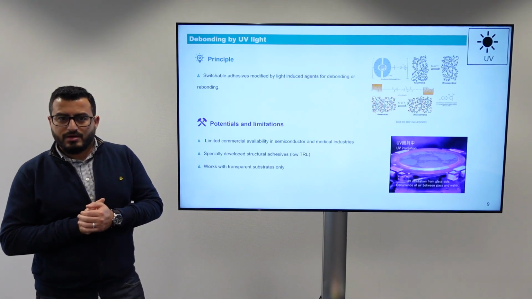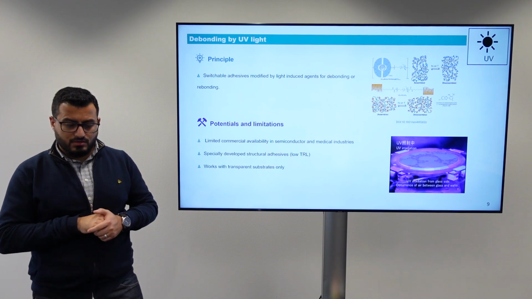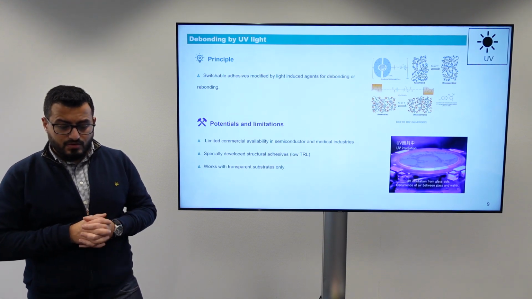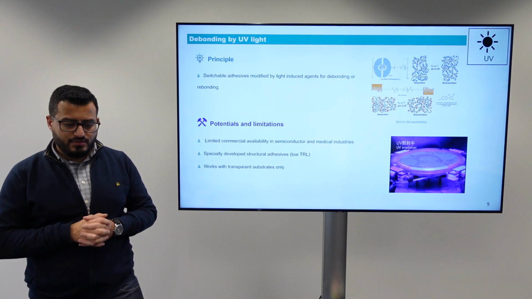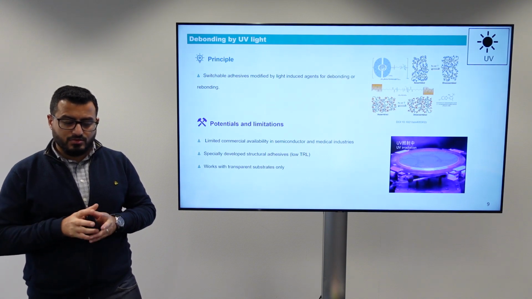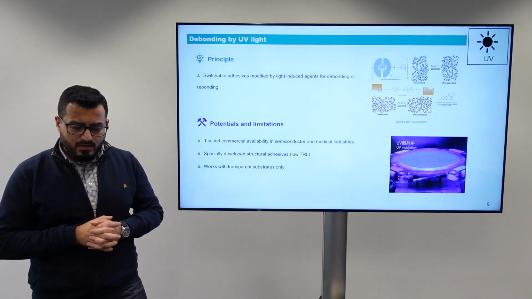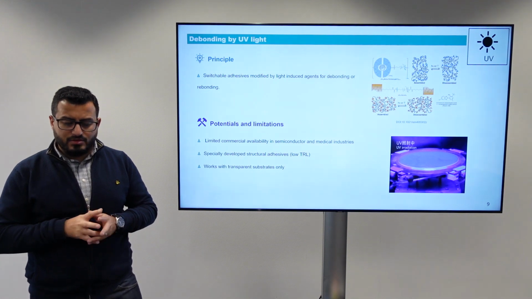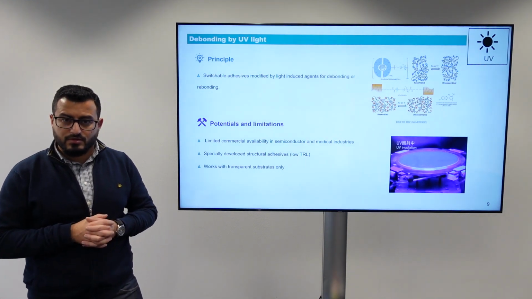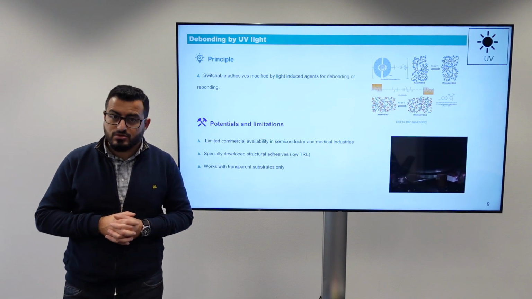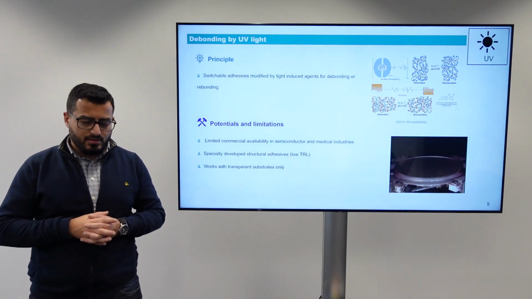Next, we have debonding by ultraviolet light, and these are also special adhesives developed using switchable molecules that can be triggered by certain wavelengths of light to cause debonding or even rebonding in that case.